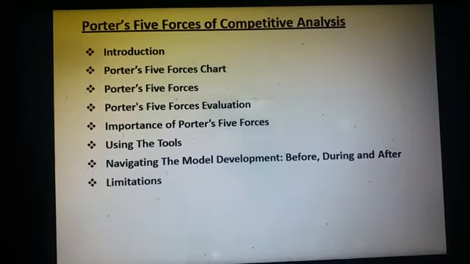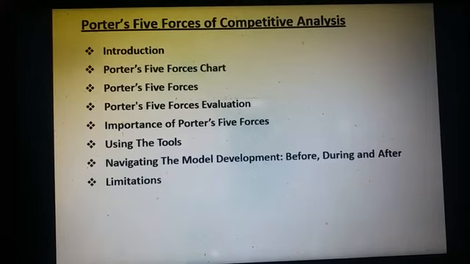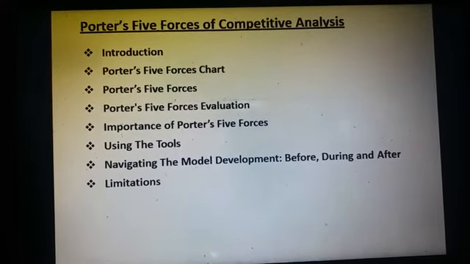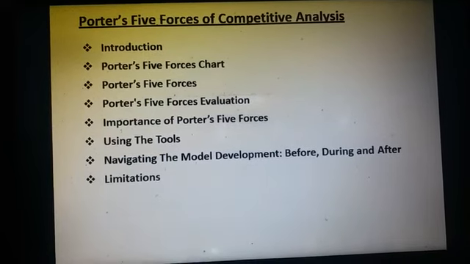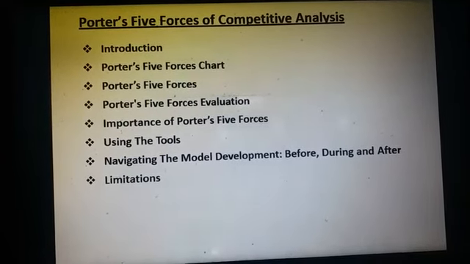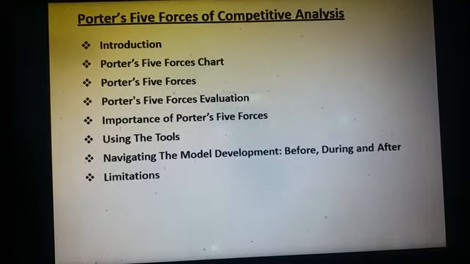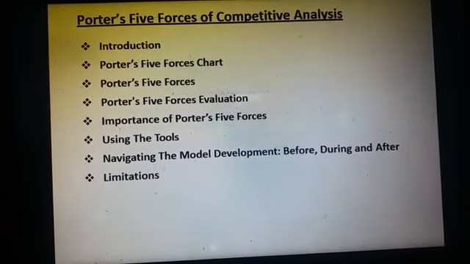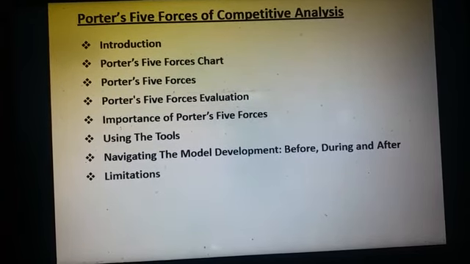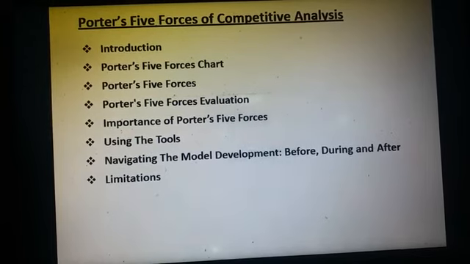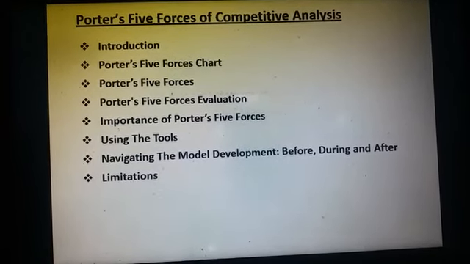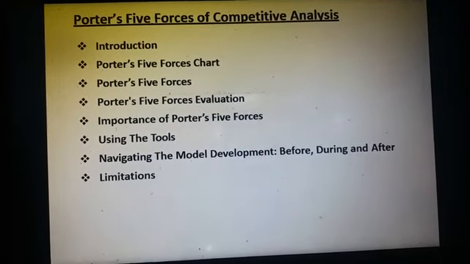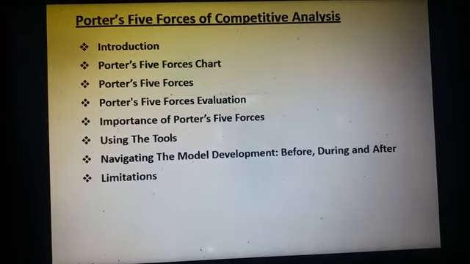Next would be Porter's five forces chart, its evaluation, the importance of Porter's five forces, how we use these tools, navigating how the channel goes about the model development before, during, and after. Last but not the least, what are the shortcomings, drawbacks, or limitations of Porter's five forces of competitive analysis.